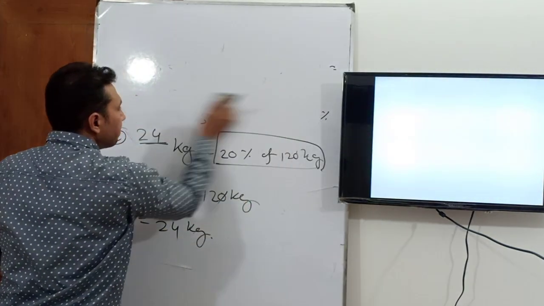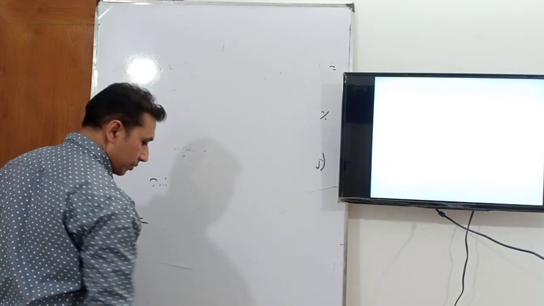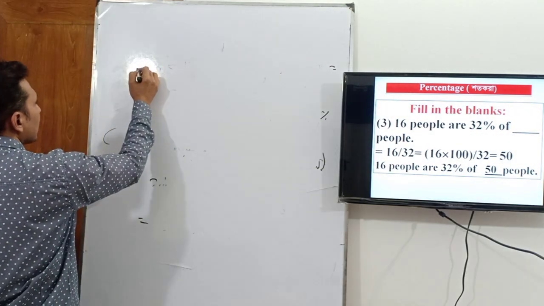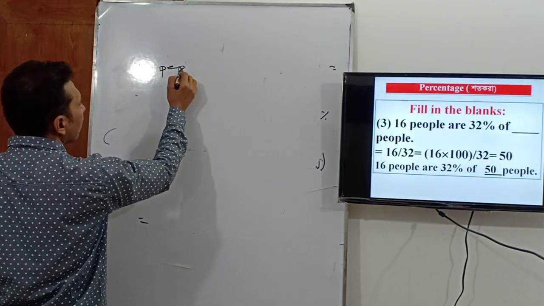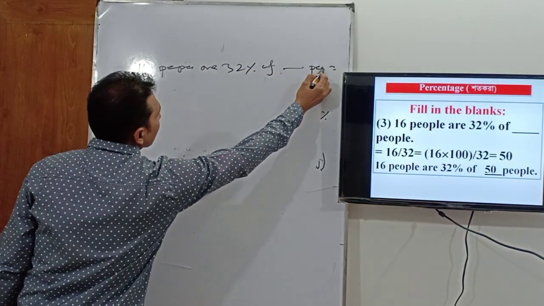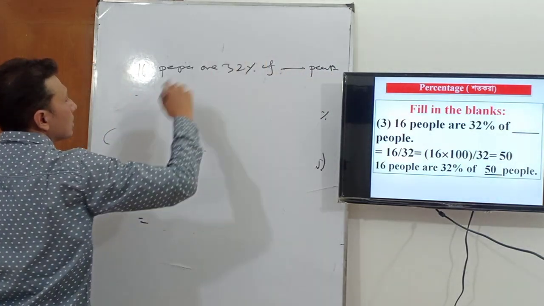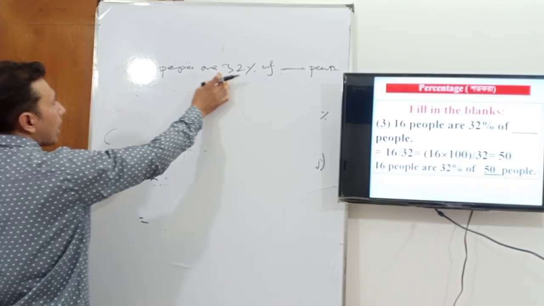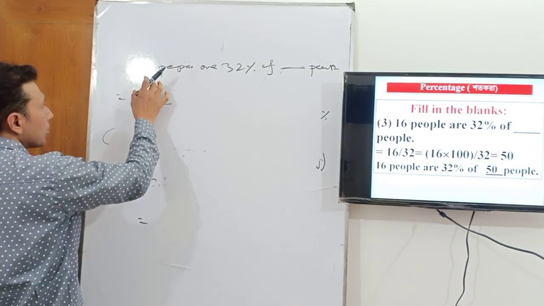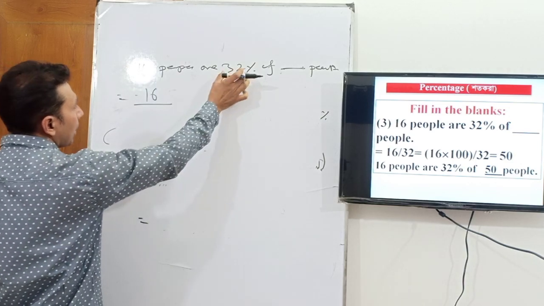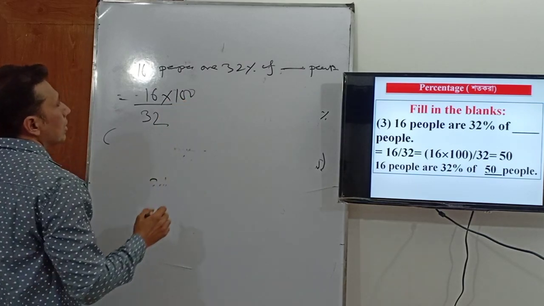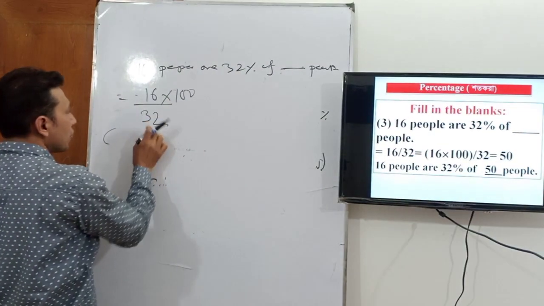Next is that 16 people are 32% of dash people. So 16 is the numerator, and the percentage gives the denominator. 32% means 32 by 100.